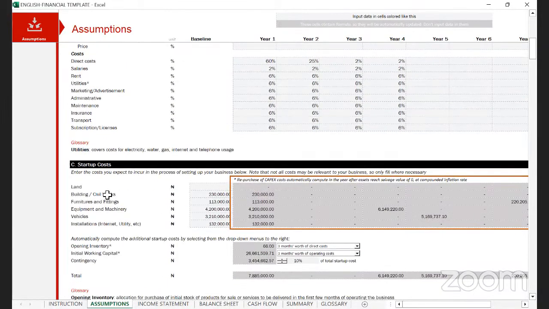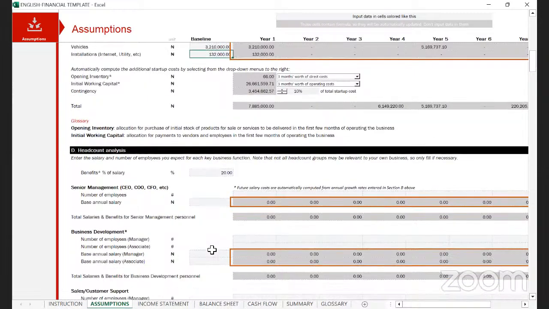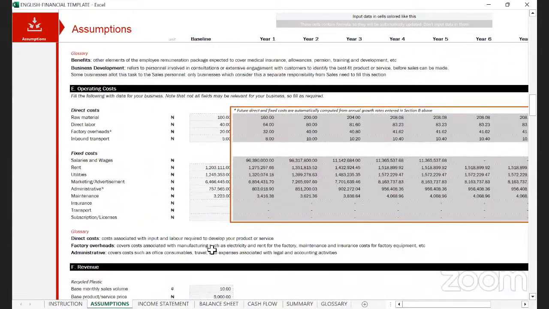If you are a purely service-based business, you might not need startup section C. You might not need all of this. So all of this might be 0 for you. And something else that might also be reduced for you is your direct costs. So if you're a service-based system, all you need to do is just make 0 all the costs that don't apply to you and still put in the costs that apply to you.